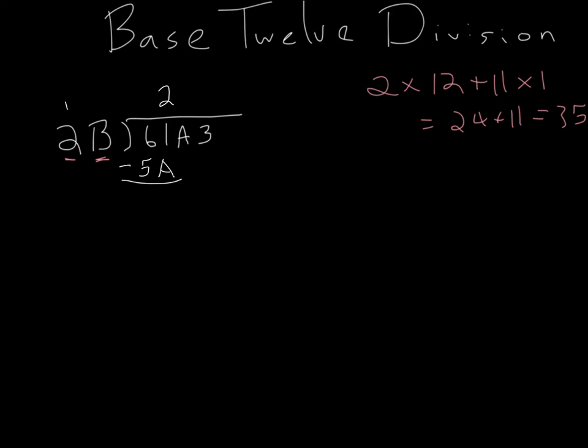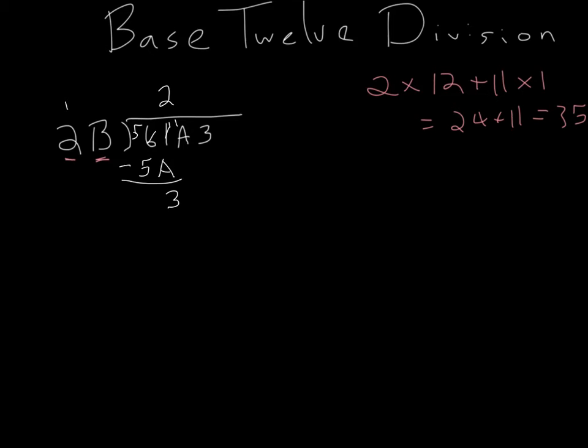We need to borrow 12 here, so that becomes 5. That becomes a 1, 1, which we're thinking of as 13. So 13 minus A, remember A is like 10, is 3. So 1, 1 minus A is 3, and 5 minus 5 is 0, so we're good to go.